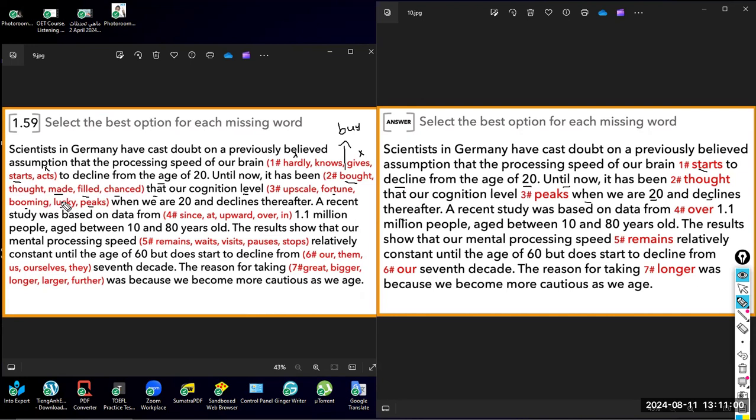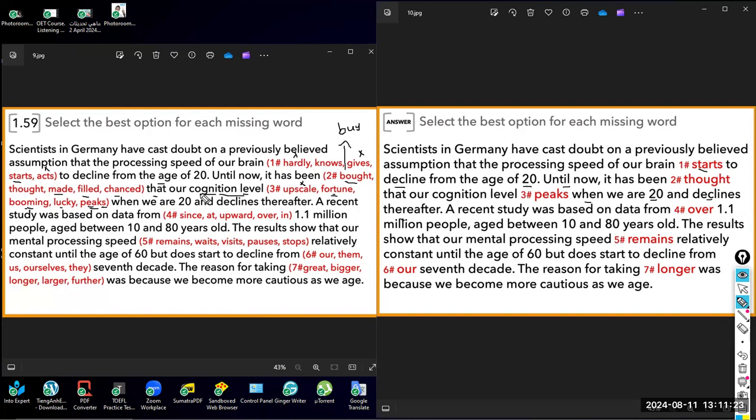Keep in mind that lucky is not a verb, booming is not a verb, fortune is not a verb. Yes, upscale I can use as a verb, but keep in mind, because I'm talking about singular, I have to use the S in the simple present. So it's not upscale.